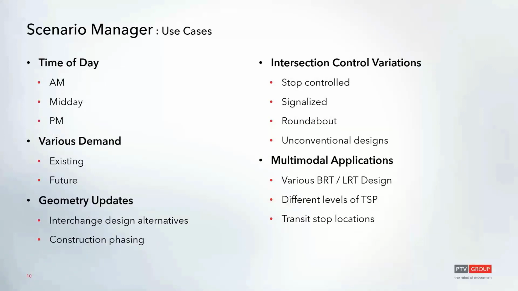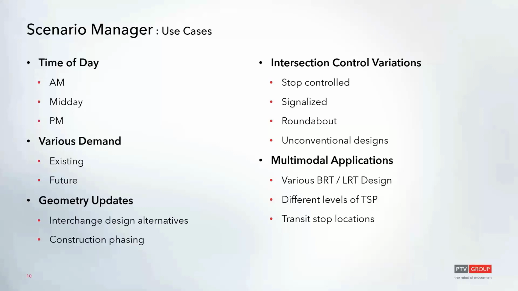So in addition to modeling these various times of day, you can also use Scenario Manager to model some different demand years. So maybe you have an existing case and a future year case. You can also look at various geometry changes, such as new interchange design, or different intersection control types. So maybe you have a stop-controlled intersection, and you want to look at changing that to a signalized intersection or a roundabout.